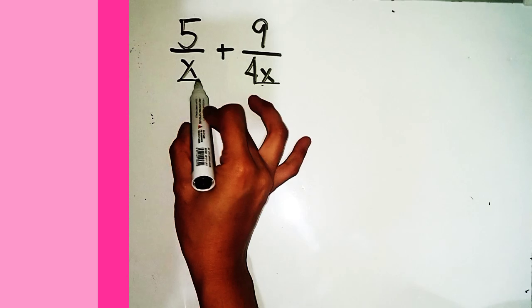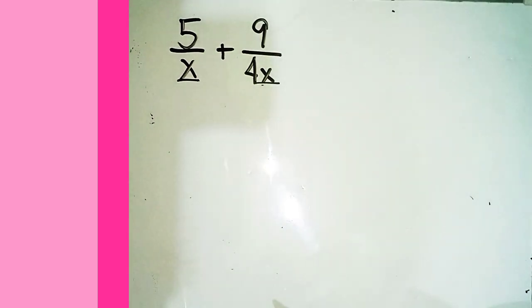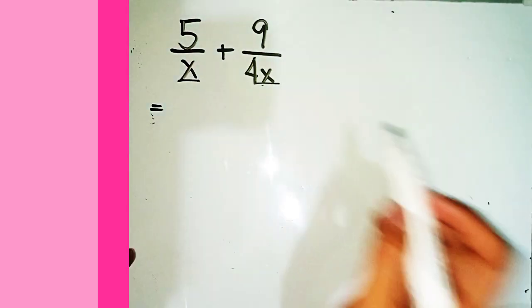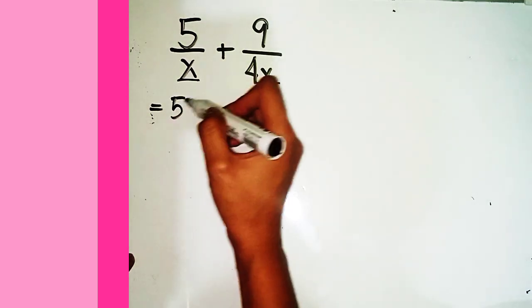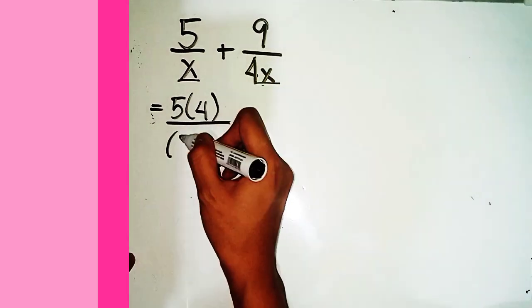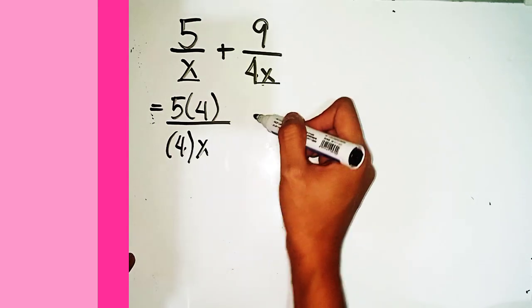So x and 4x, what would be their LCD? Their LCD would be 4x. So now we will find their LCD first. That would be 5 multiplied by 4. Whatever you would be multiplying on the top, you should multiply it also to the bottom.